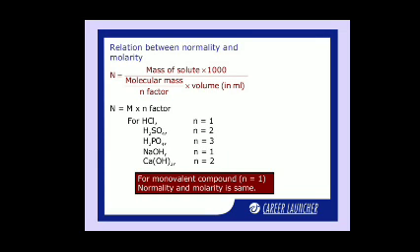The relation between normality and molarity. Normality is equal to mass of solute by molar mass by n factor, into 1000 by V in ml. Therefore, normality is equal to molarity into n factor.